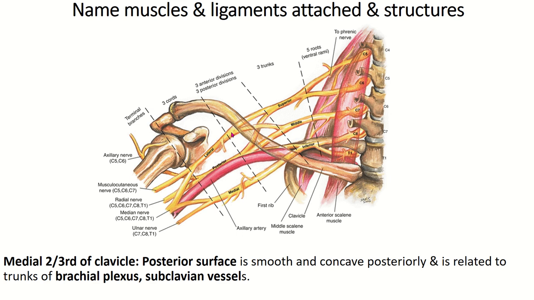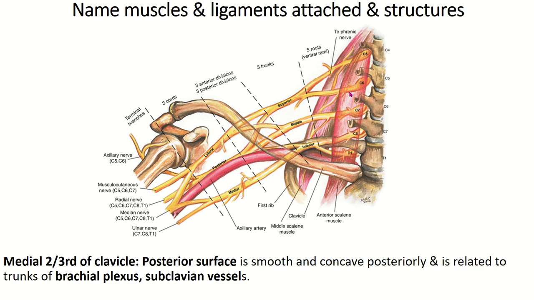So the medial two-thirds of the clavicle posteriorly has an important relationship. The divisions of the brachial plexus are present behind the clavicle. This is the brachial plexus, which is formed by cervical 5, 6, 7, 8 and thoracic 1.